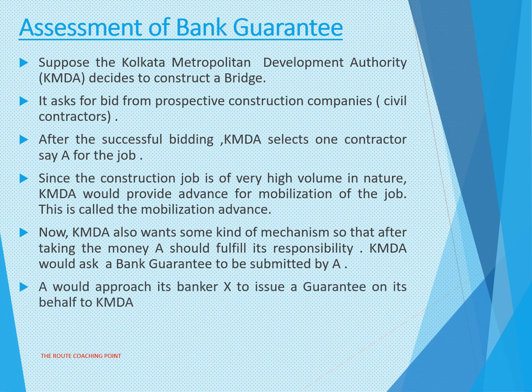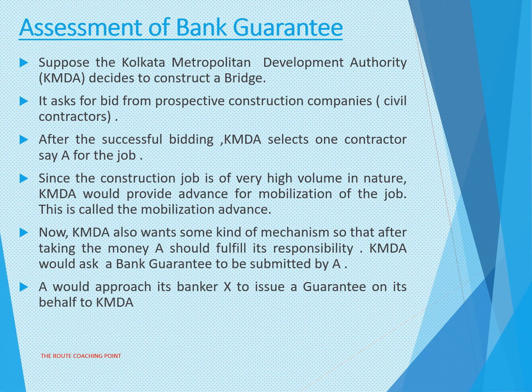A would approach a banker to issue a guarantee on its behalf to KMDA. Suppose A is Dilip Buildcon, a contractor company, and KMDA had awarded a contract to Dilip Buildcon, and the banker of Dilip Buildcon is, suppose, SBI.